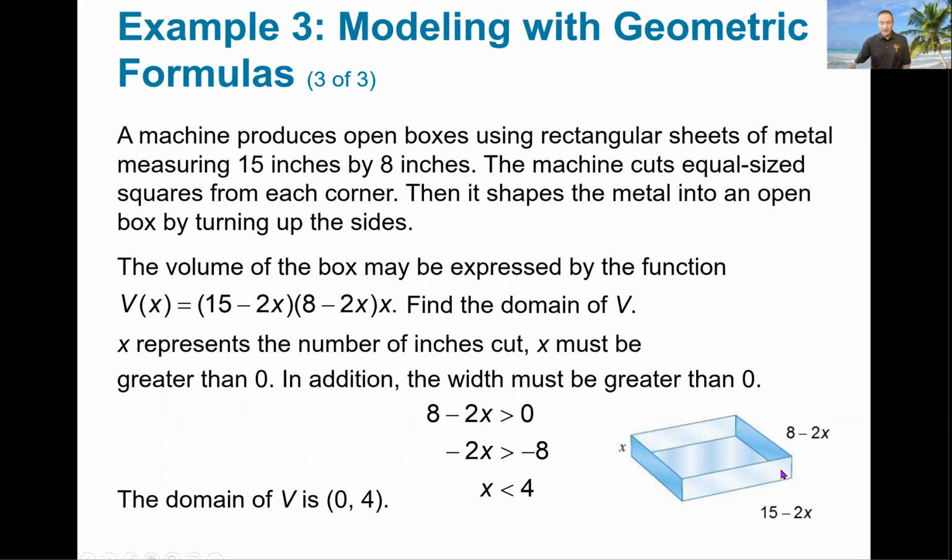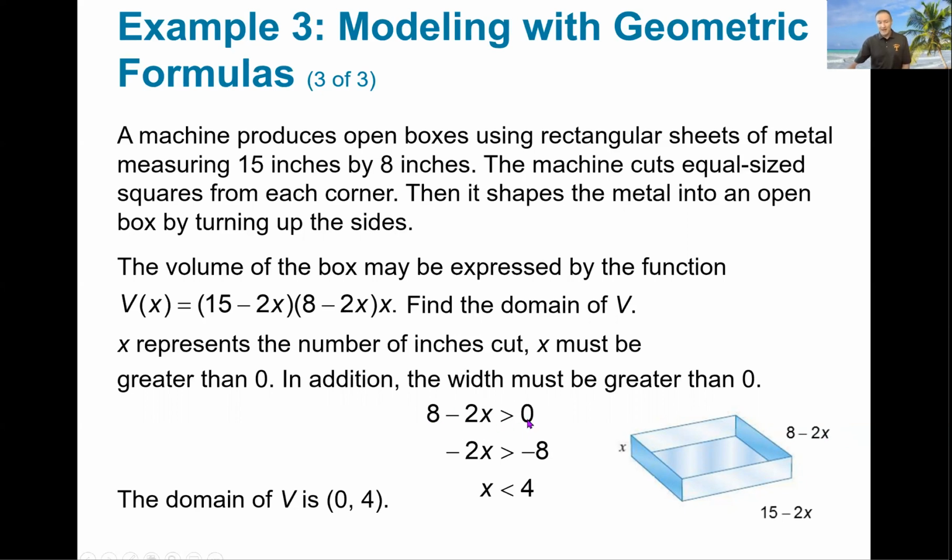I know that the length will be greater than 0 as long as the width is greater than 0, because the width is the more restrictive one. I know 15 minus 2x is going to be greater than 0 if 8 minus 2x is greater than 0. So I take the most restrictive portion, the width in this case, and say it has to be a number greater than 0. So 8 minus 2x is greater than 0.